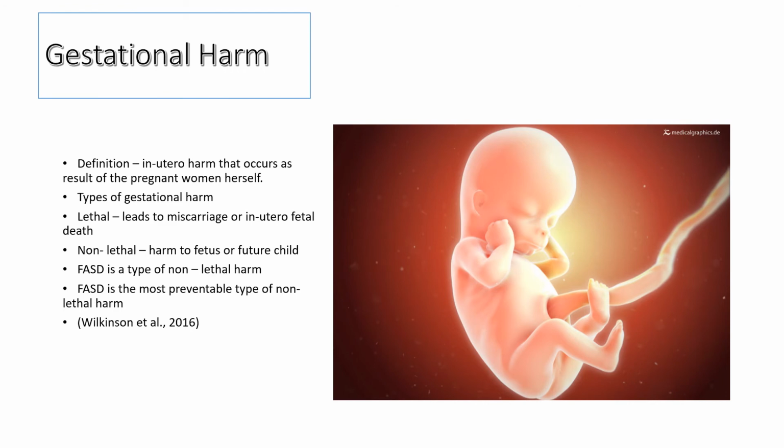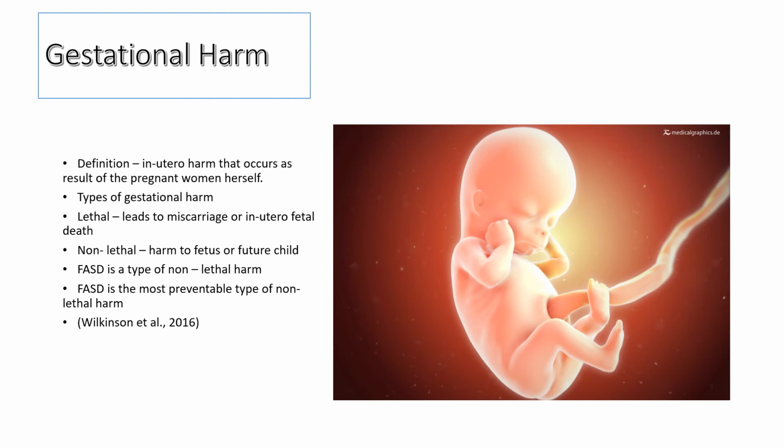Gestational harm. Definition: in utero harm that occurs as a result of the pregnant woman herself. Types of gestational harm are lethal, which leads to miscarriage or in utero fetal death.